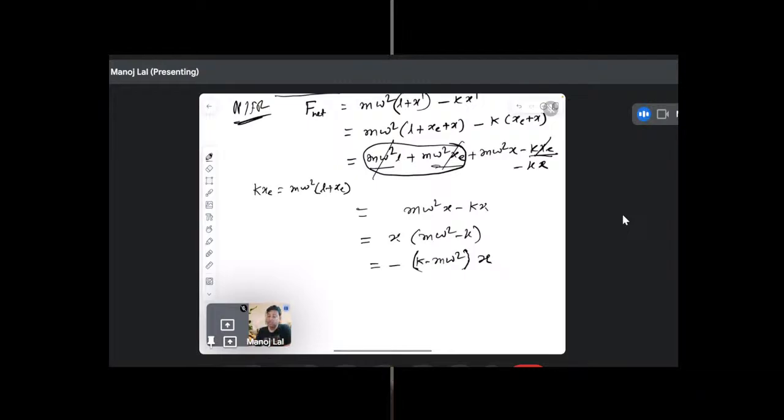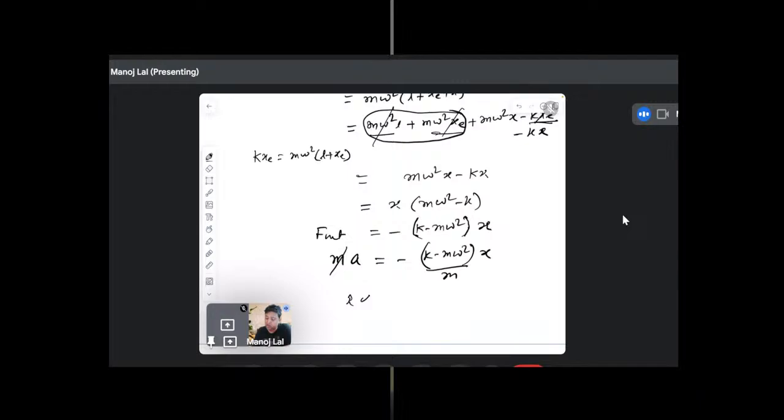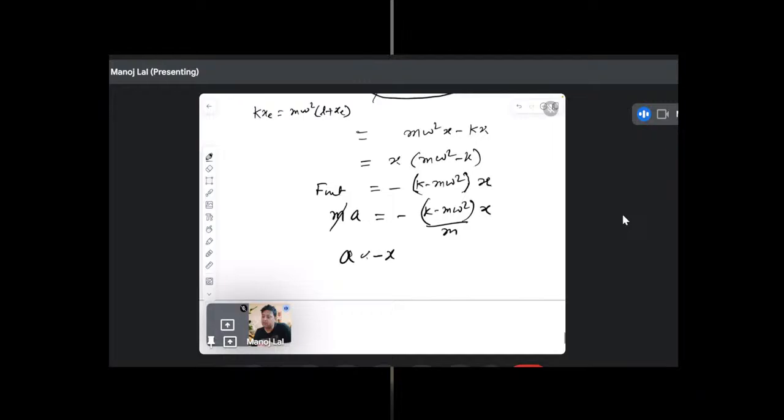So this is the net force, and net force is equal to mass into acceleration, which is equal to minus (k minus m omega square) x, and we know that the motion is SHM because a is proportional to minus x. So the motion is SHM, and we know this frequency I'm saying to be omega naught square. a is equal to omega square x.